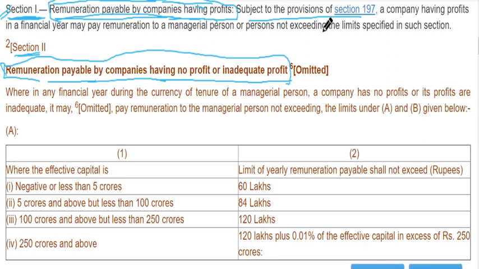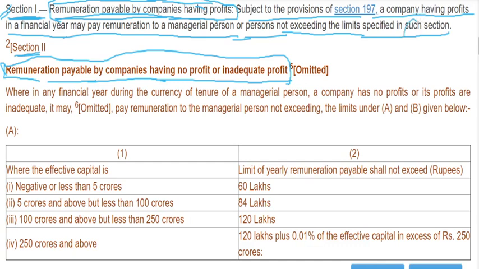A company having profit in a financial year may pay remuneration to a managerial person or persons not exceeding the limit specified in such section, meaning Section 197.